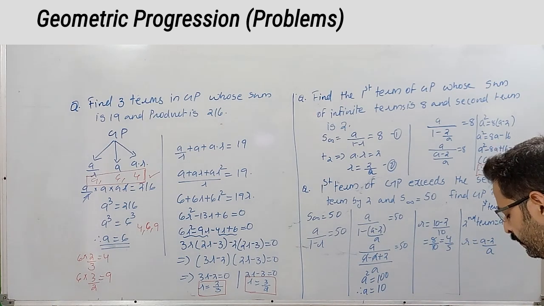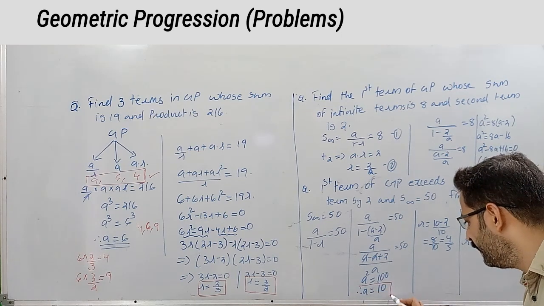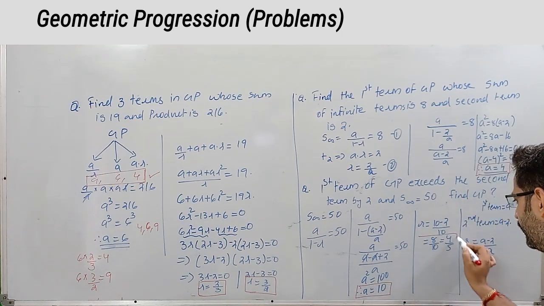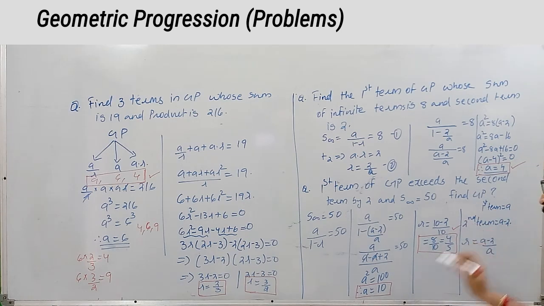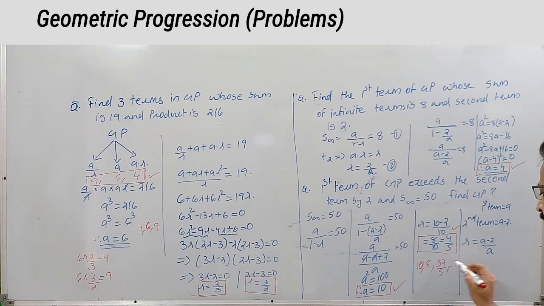That means A is equal to 10 and R is equal to 4 by 5. Now the terms: first term is 10, then 10 into 4 by 5, 8, then third term 8 into 4 by 5, 32 divided by 5, etc. will be the GP.